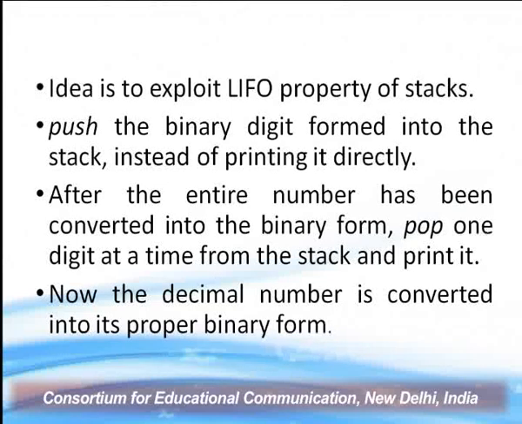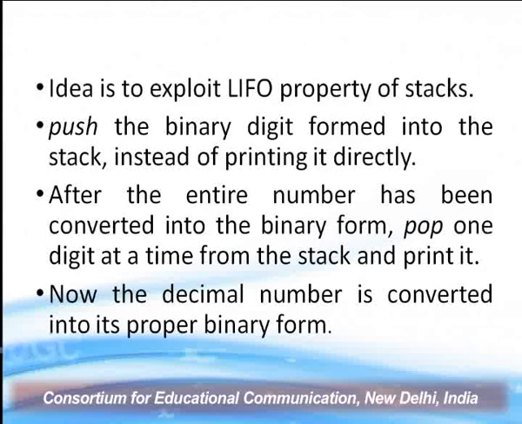Don't print the remainder directly; just push that remainder onto the stack. After the entire number has been converted into binary form and kept on the stack, pop one digit at a time from the stack and print it.